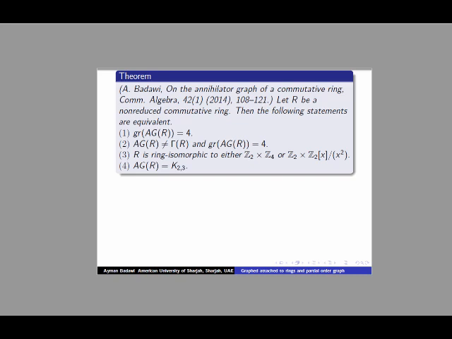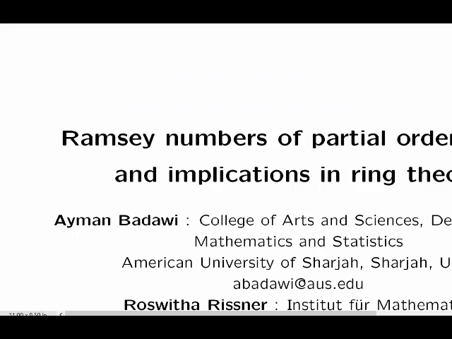The girth is 4, equivalent, I know how the graph looks like and I know how the ring looks like. If you give me that the ring is non-reduced, then these statements are equivalent. And here, as you see, there are not many rings. R has to be isomorphic to this or this. Okay. All right.